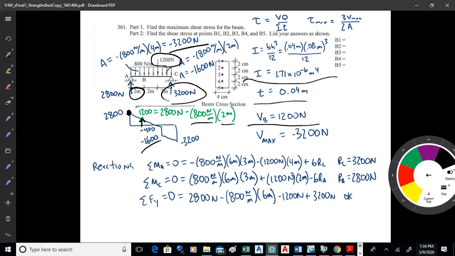Now Q is called the first moment of area. It's the area that would shear off if the beam failed at a given point. And then you multiply that by the distance from the neutral axis to the centroid of the area that would shear off.